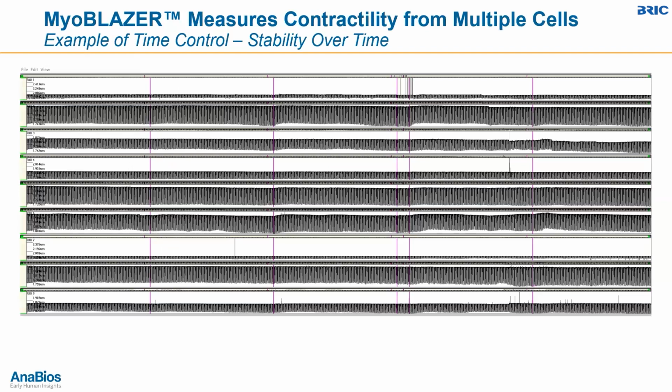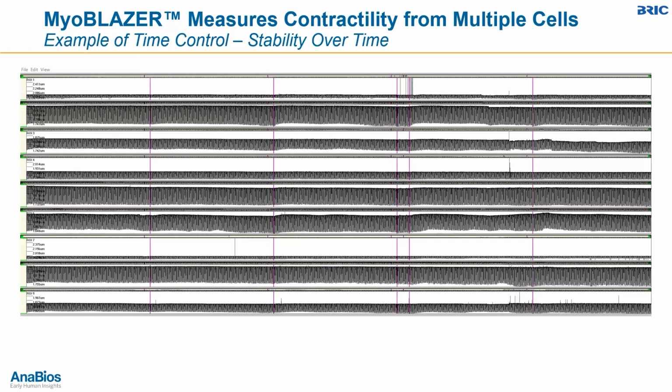Here is some data from the MyoBlazer, and as you can see, this is the time control to show us that the contractility transient we record from the cells is stable over time. Here, we mimicked a drug experiment with vehicle, 0.1% DMSO, and each application of the vehicle was for 5 minutes.